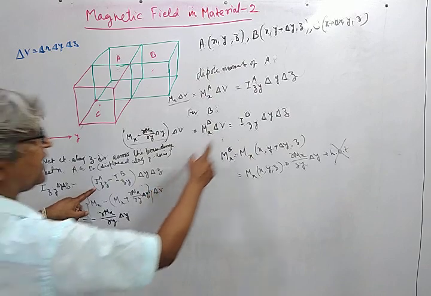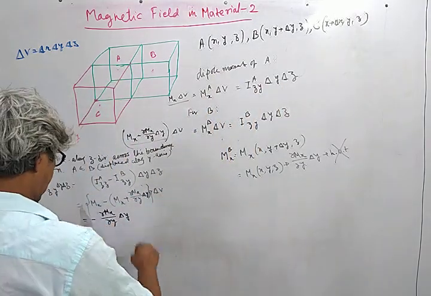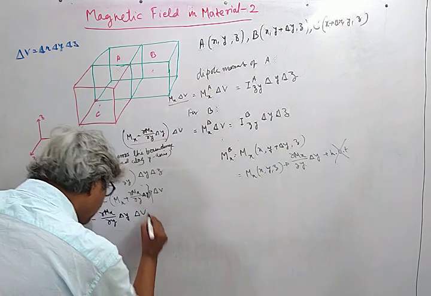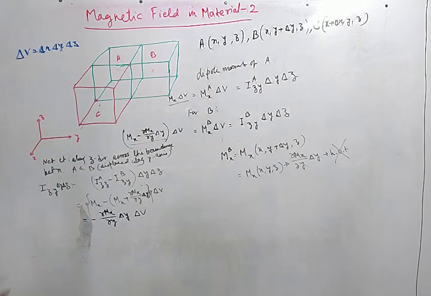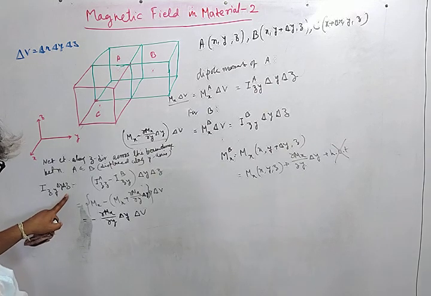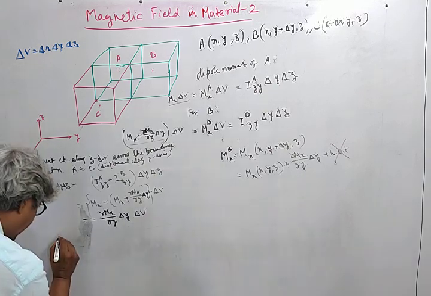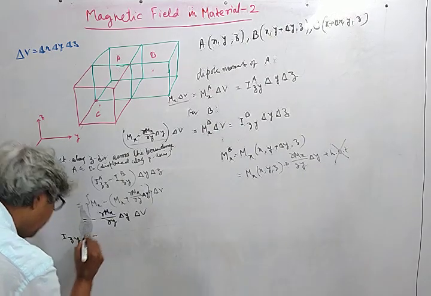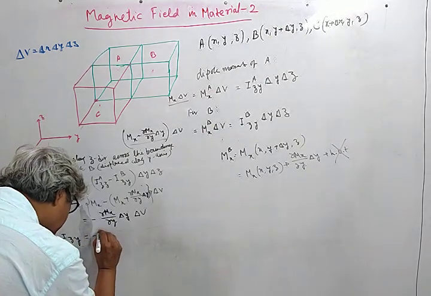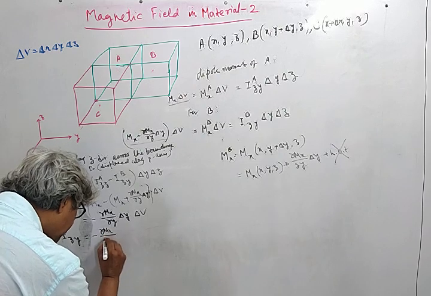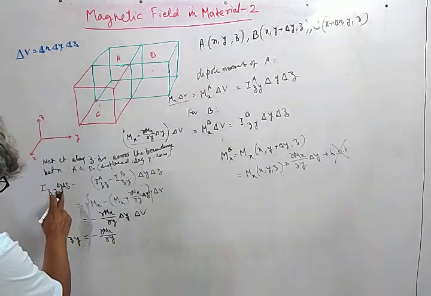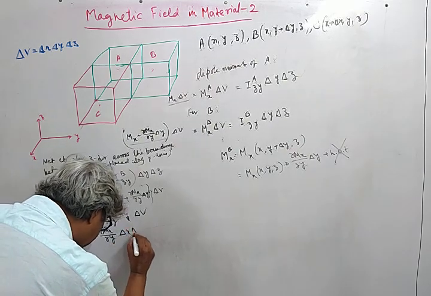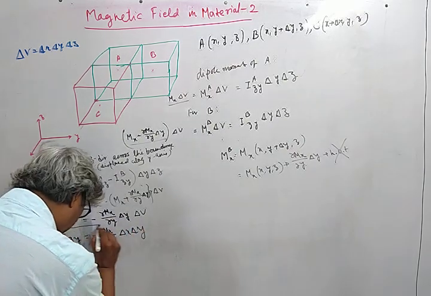For I_zA, delta x delta y is delta v, times delta v. If we cancel this, we get I_zy equal to minus delta m_x by delta y, and y z cancels out, so what is left is delta x delta y. This is one important relation.